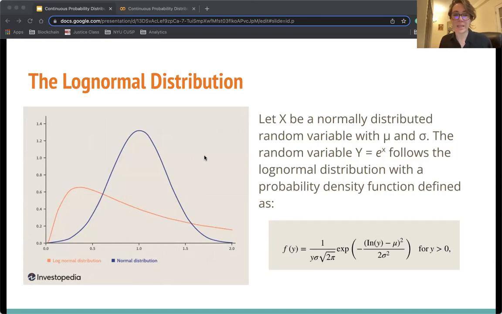So we see this graph that it's positively skewed and relevant for a positive random variable, such as describing income, real estate values, and asset prices. So the key difference between the exponential distribution and the log normal distribution is that the rate is not constant. You start to see that similar curve that we just looked at for exponential, where you have this rate that then kind of evens out towards the end.